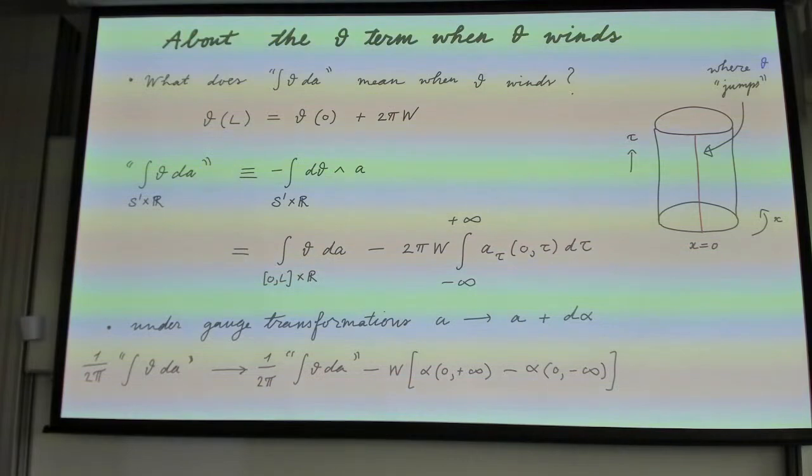The simplest way to treat it is just to define it as d theta wedge A. Now there's no ambiguity in theta. D theta is just a well-defined one-form, and that makes sense as an integral.